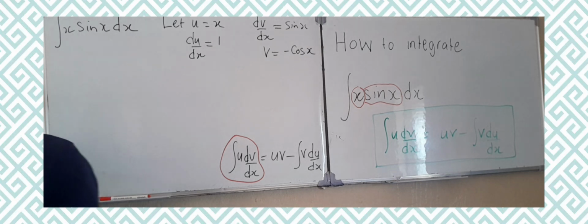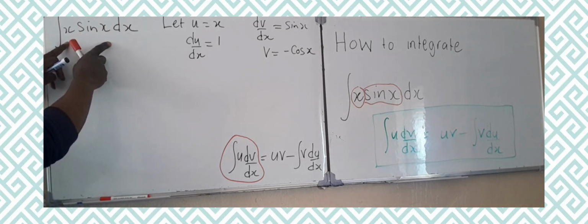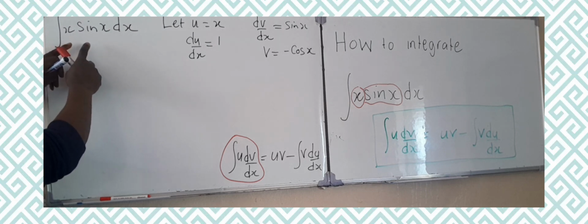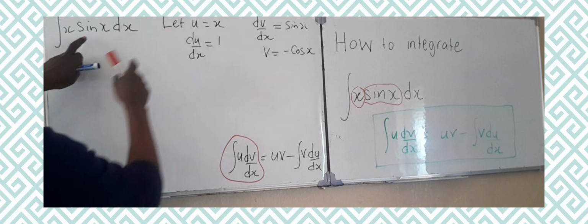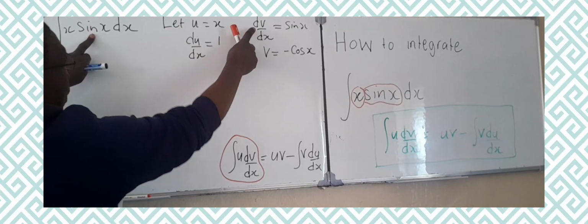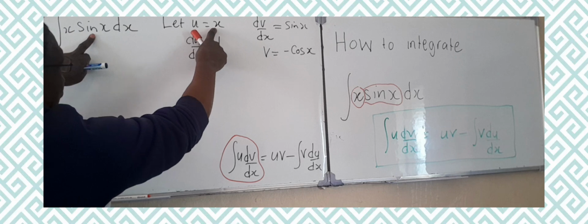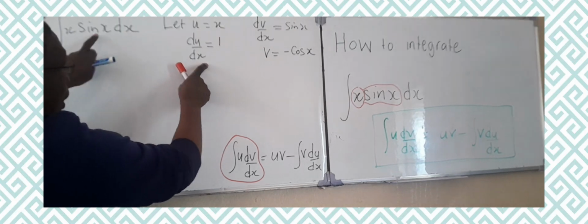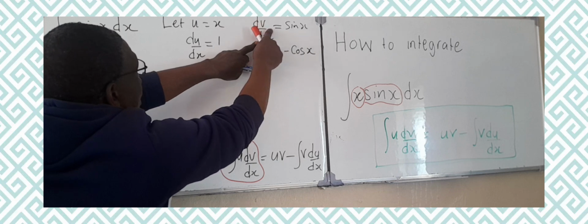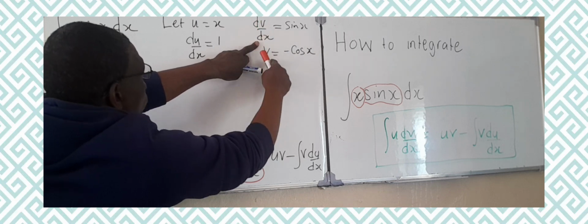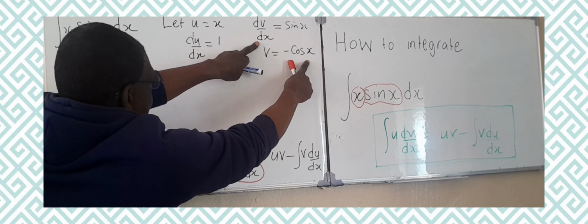We have said here is our product as the integrand. One of the products, x maybe, we can call it u. Then the other one becomes dv/dx. When we have done that, we must find du/dx, which in this case is 1. And we must also find v, because here it is given as a derivative. So we now want the original v, which is minus cosine of x.